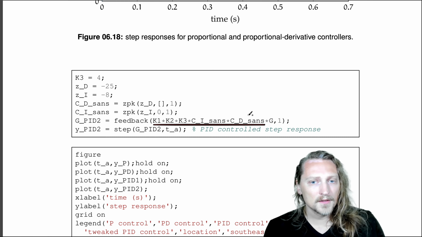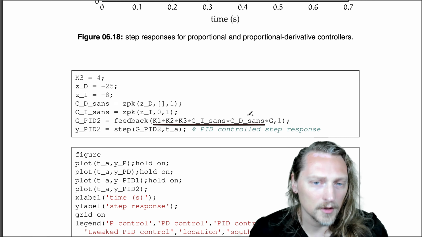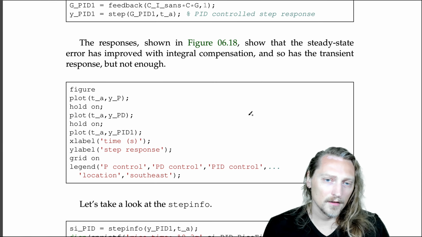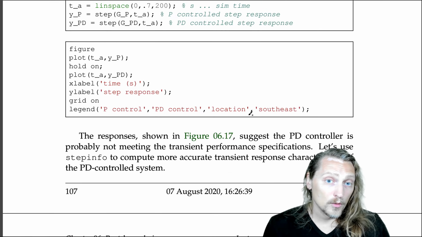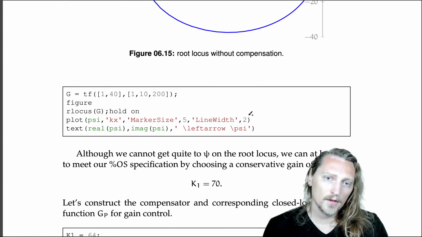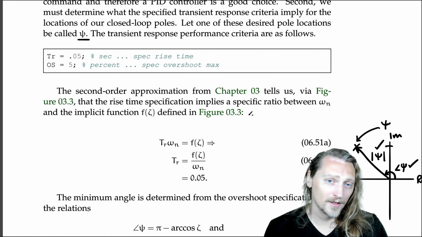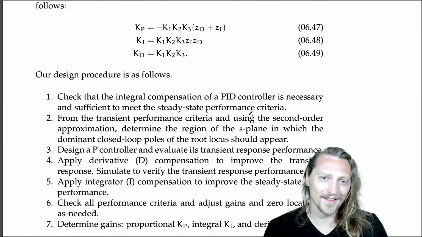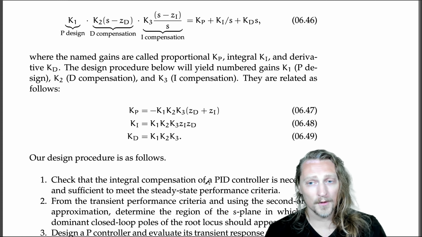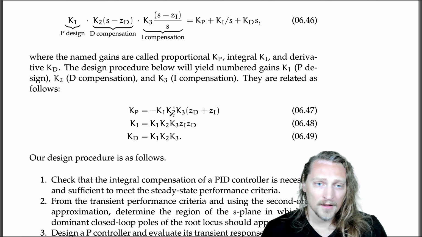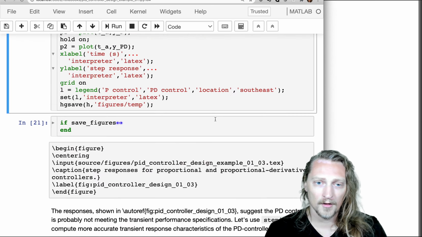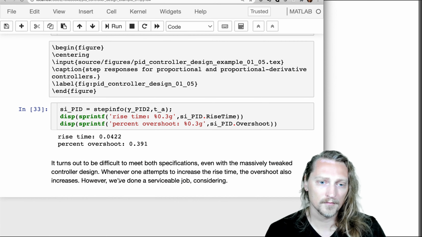So let's use the equations that are given in this lecture, in lecture 6.8, to compute what Ki, Kd, and Kp are. So if you scroll way up, back here, we can compute them from these equations, 6.47 through 6.49. So let's do that in MATLAB.